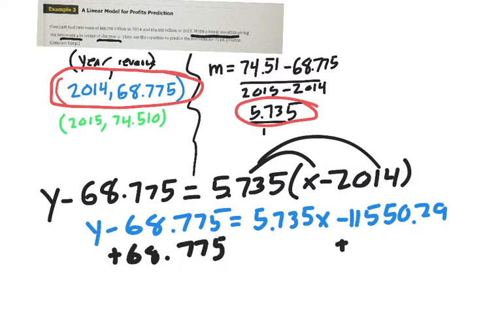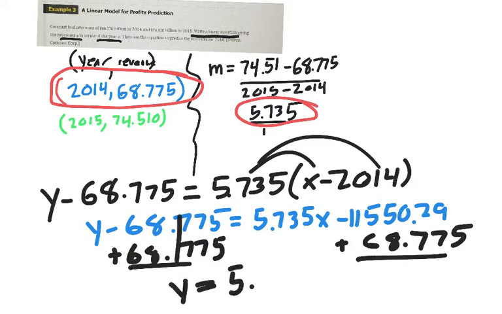So now I'm going to add 68.775 to both sides. So it tells me y equals 5.735x minus... I got 1... that's not right. I hit equal twice.